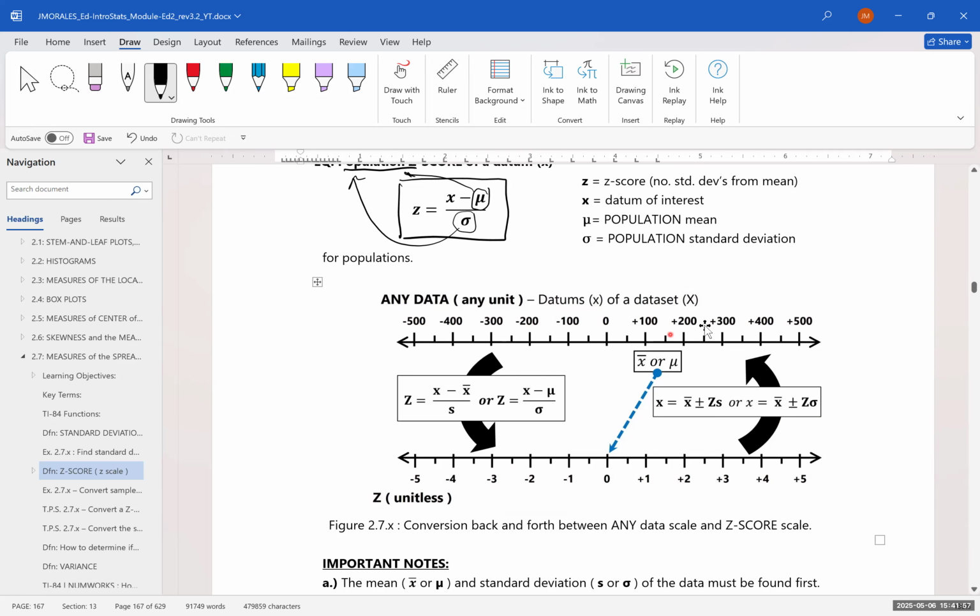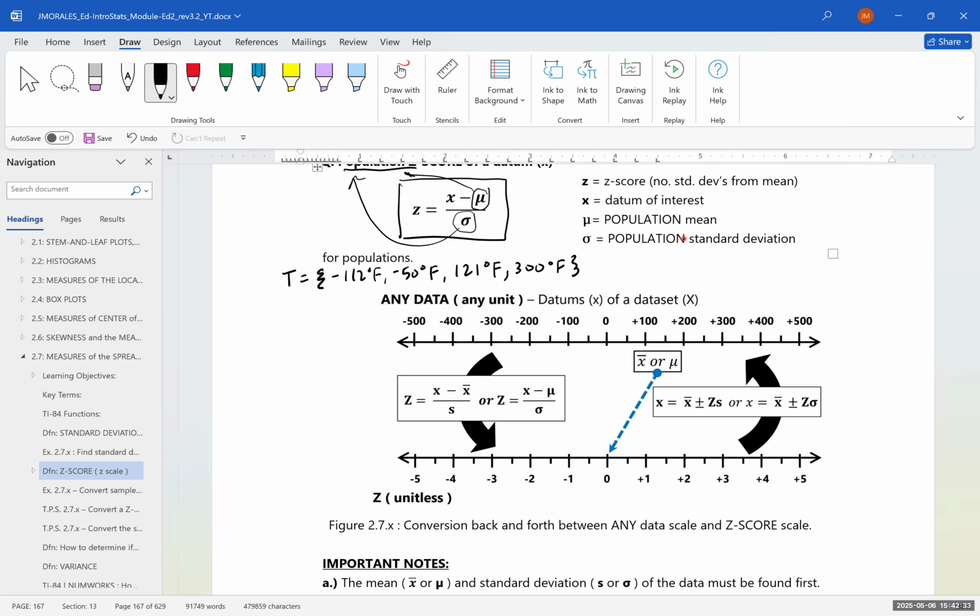So one thing to notice is that this scale up here is the scale of our datums. So for example, if we were looking at a data set of temperatures, okay, and we had negative 112 degrees Fahrenheit, negative 50 degrees Fahrenheit, 121 degrees Fahrenheit, 300 degrees Fahrenheit. Okay.